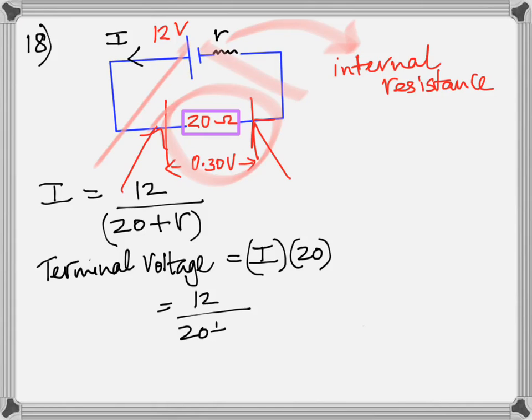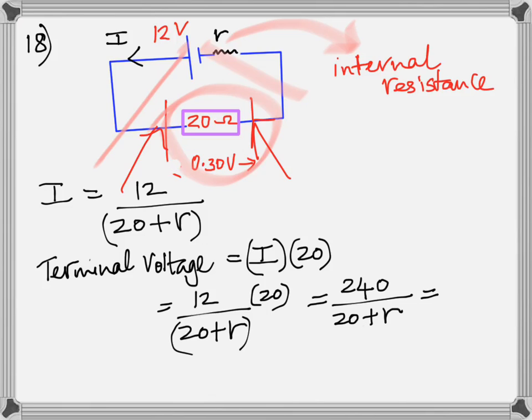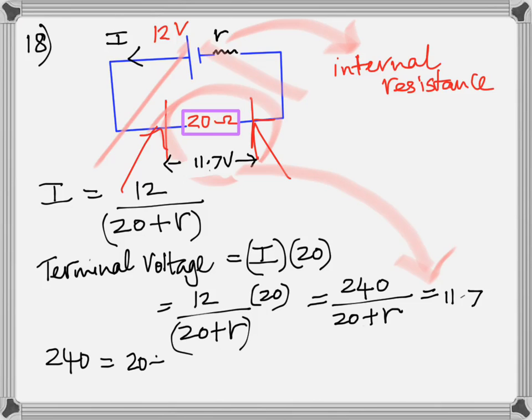And you just substitute the numbers. 12 divided by 20 plus R times 20 should give you, that's just math. And then I realized I put 11.7 volt there. So 240 by 20 plus R is 11.7. So 240, rearrange that to find the resistance.